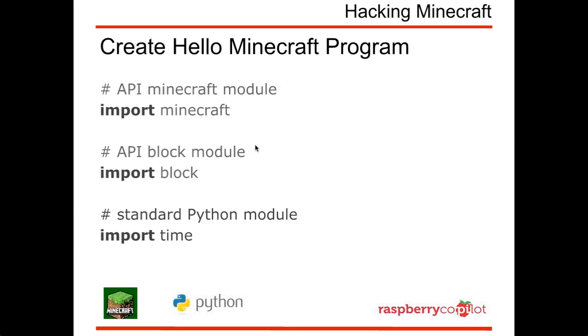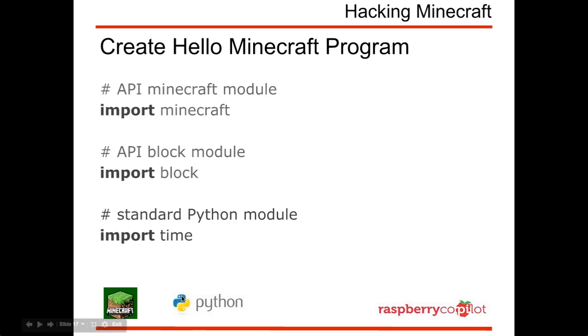The first 3 lines are going to be import lines. We used imports before when we did Python. We're importing modules, or groups of functions. So here we have the import minecraft and import block modules. These modules are available as the bridge between Python and Minecraft.